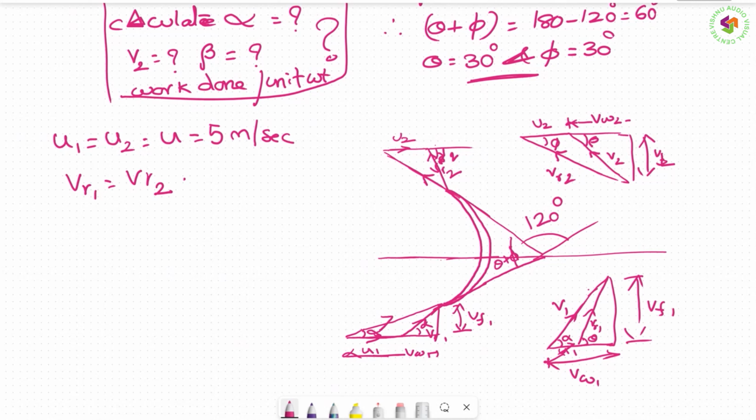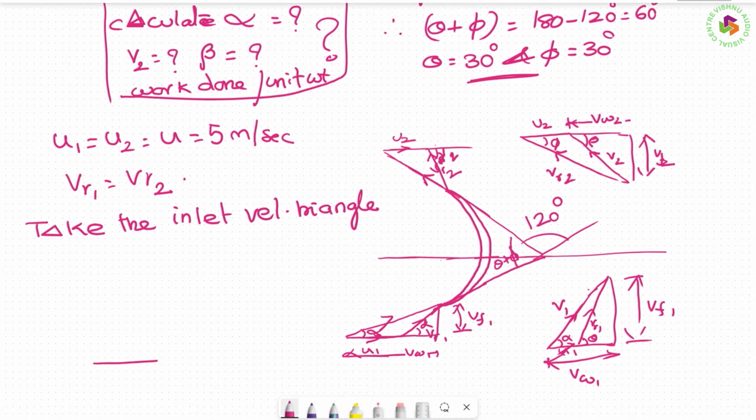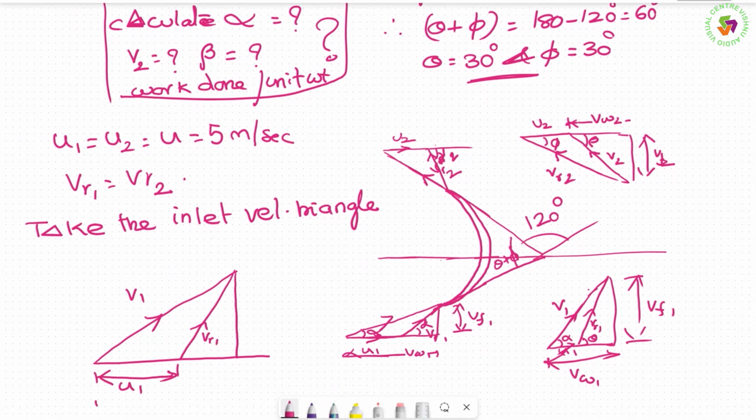Now I will take the inlet velocity triangle, and see how to go around.